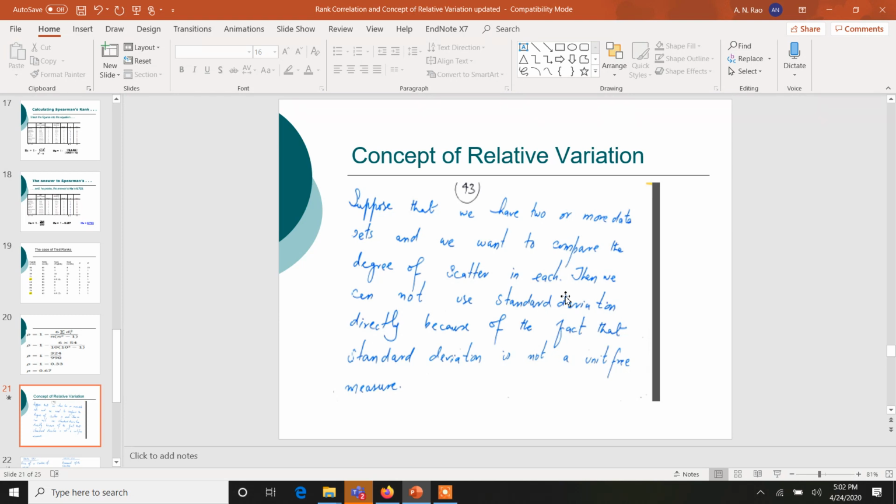Now consider another example. Suppose that a quiz was being conducted in two different sections of a class. In section A, suppose the invigilator was very strict, whereas in section B, the invigilator was lenient.